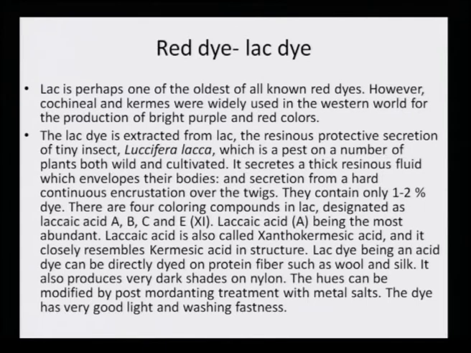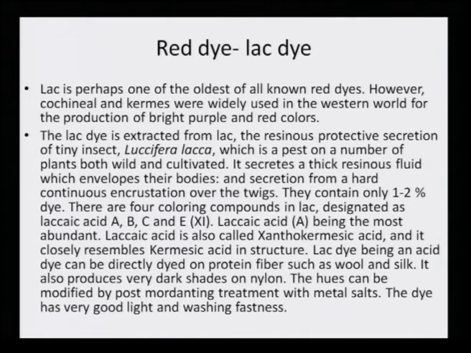The lac dye is extracted from lac, the resinous protective secretion of the tiny insect Lucifera lacca, which is a pest on a number of plants, both wild and cultivated. It secretes a thick resinous fluid which envelops their bodies, and the secretion forms a hard, continuous encrustation over the twigs. They contain only 1 to 2% of the dye.